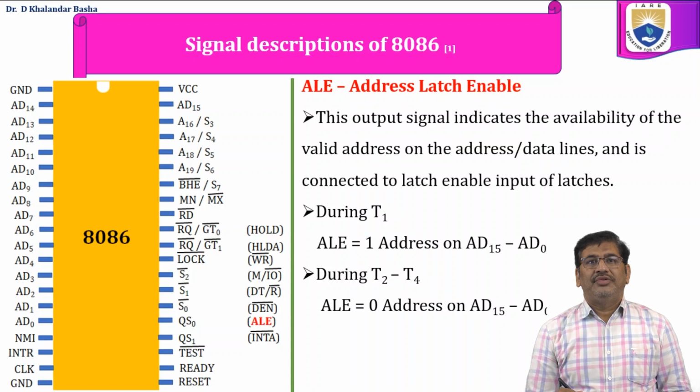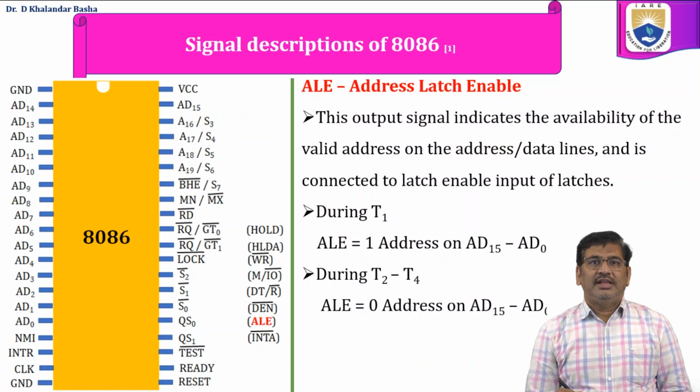The next signal we are having is ALE, where ALE expands as address latch enable. This signal indicates the availability of a valid address on the address bus and the data on the data lines, and is connected to the latch enable input of the latches which separate address and data information.